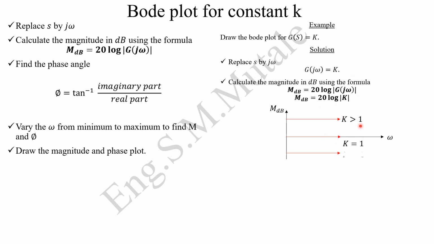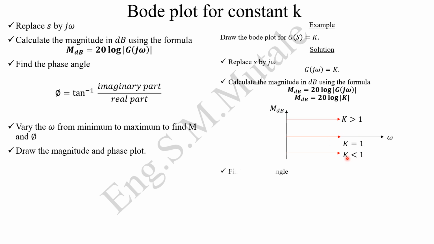If k is less than 1, your graph will appear down there. So if k was any value less than 1, let's say 0.1, 0.2, or anything, you're going to have those values there. So these are the Bode plots, magnitude plot for a constant k, where k has values equal to 1, less than 1, or greater than 1. It would come out like this.